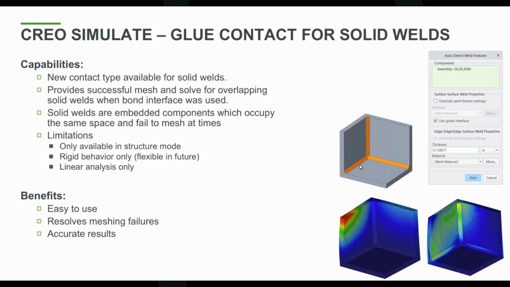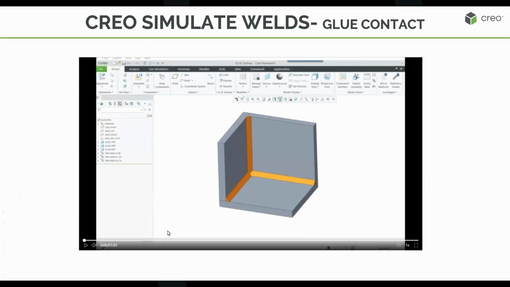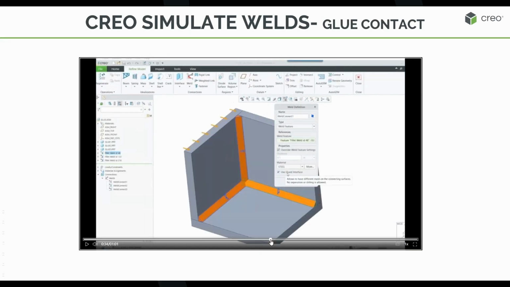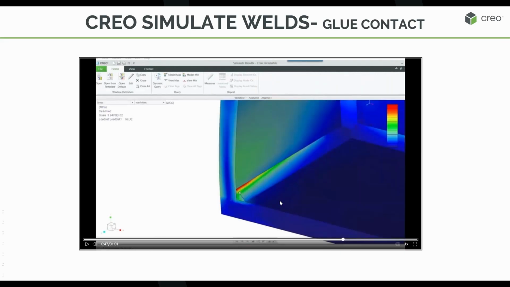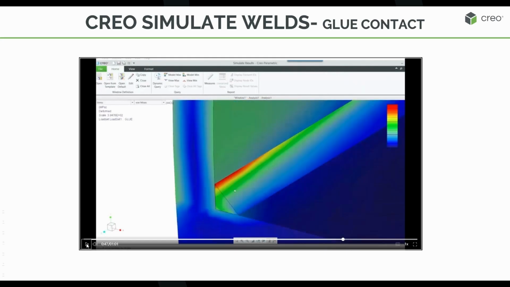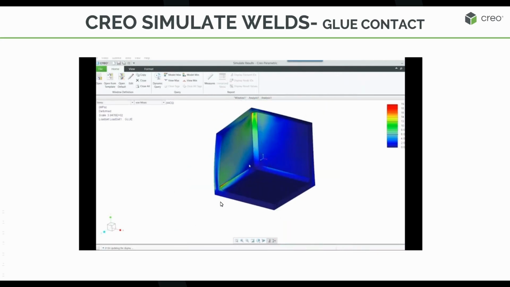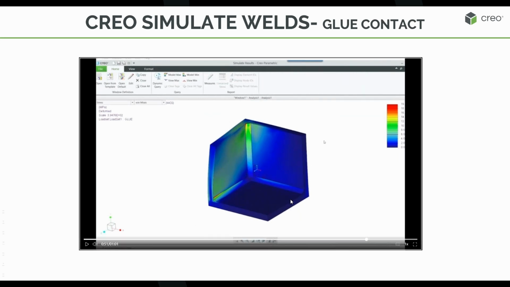So the glue contact now gets around that, and we can see this here. So here we've just got a load. We've now set it to the glue contacts. We run the simulation, and we can get the simulation results very quickly. So it just makes life a lot easier when you're using welds and running a simulation.